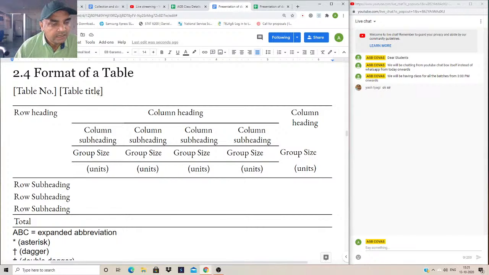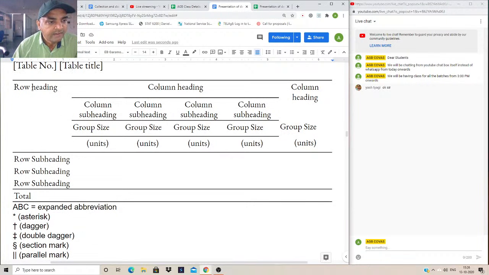Then it contains a table title, which we have already described under the components of a table. Then we have row headings, then column headings. The column heading can further be divided into column subheadings. Then we have to tell how many observations there are in each column, and those are presented using the group size. And then we also have to describe the units.